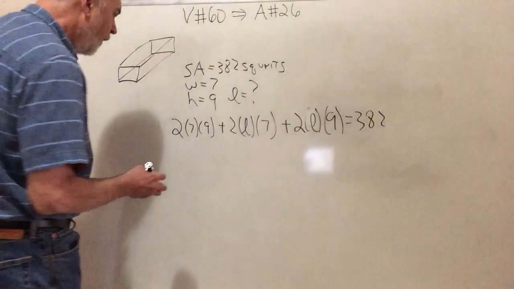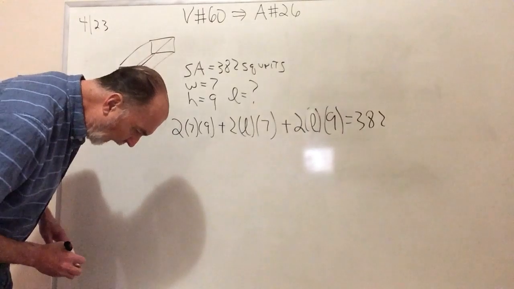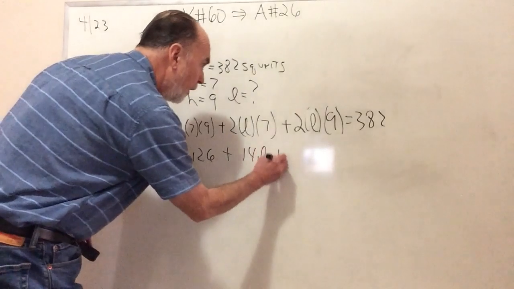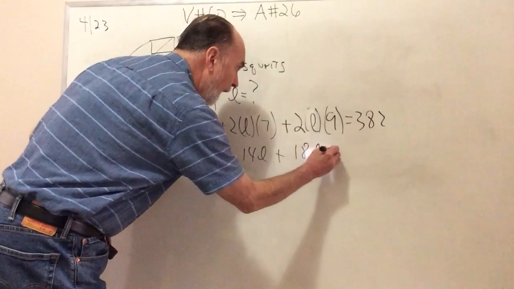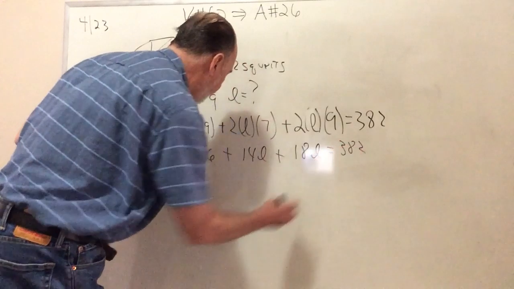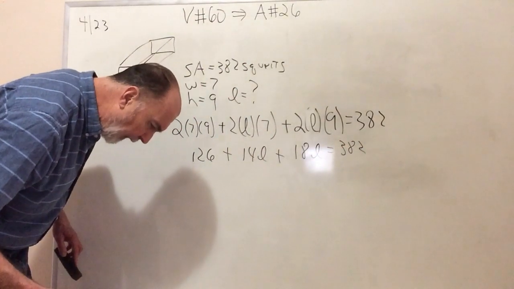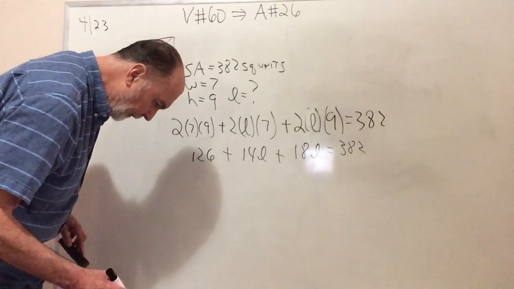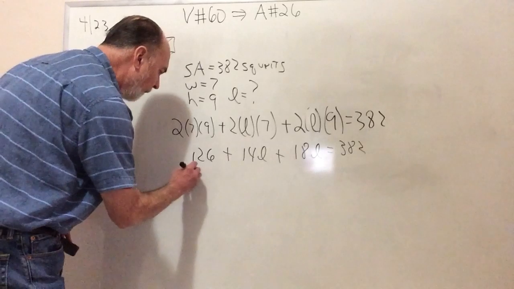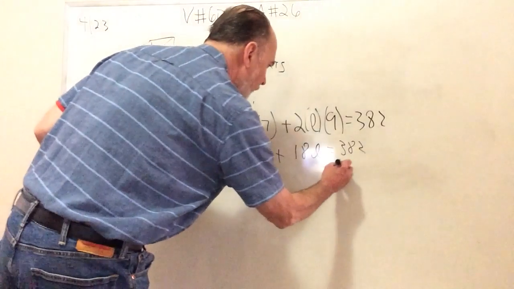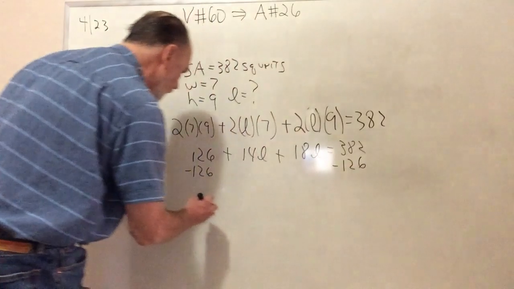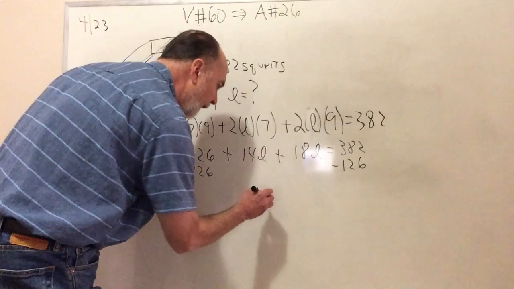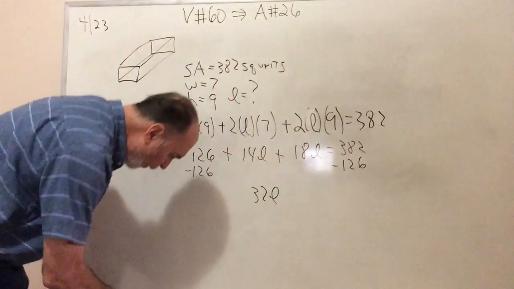And now we put everything together, and that comes up to 126 plus 14L plus 18L, and that, of course, equals 382. I'll let you have the honors of doing the math here. You're going to have a minus 126 over here, minus 126 over here, and that would mean that 32L, right? 14 plus 18, 32L would equal whatever the difference is.